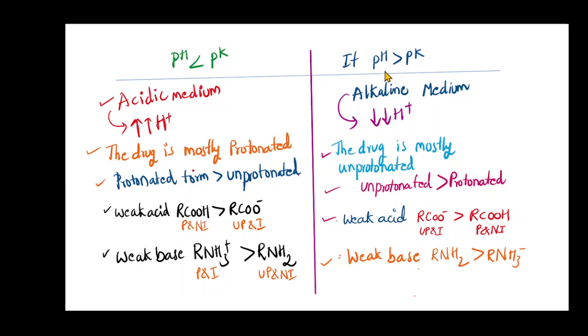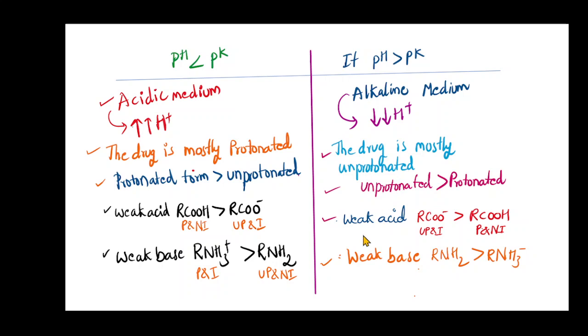Like in the stomach it would be acidic, in the intestine it would be basic. The lower the pH, the more acidic; the higher the pH, the more basic. In alkaline medium, less H plus will be there, so the drug is mostly unprotonated. Which drugs are mostly unprotonated?